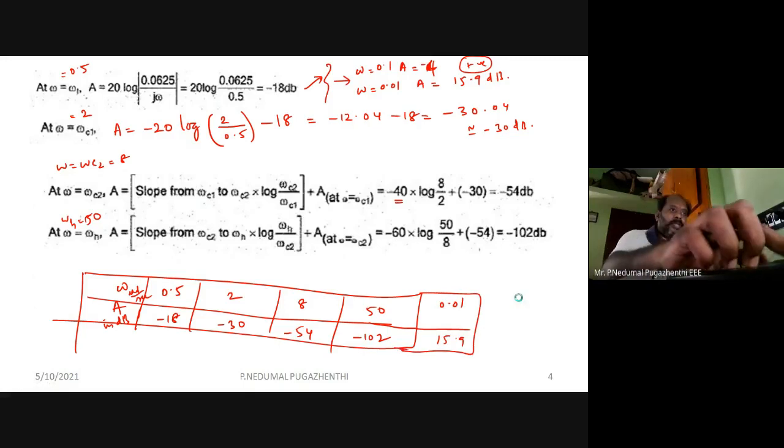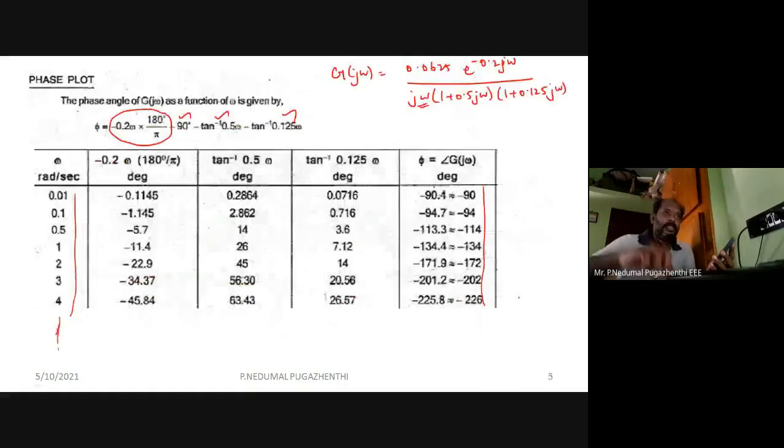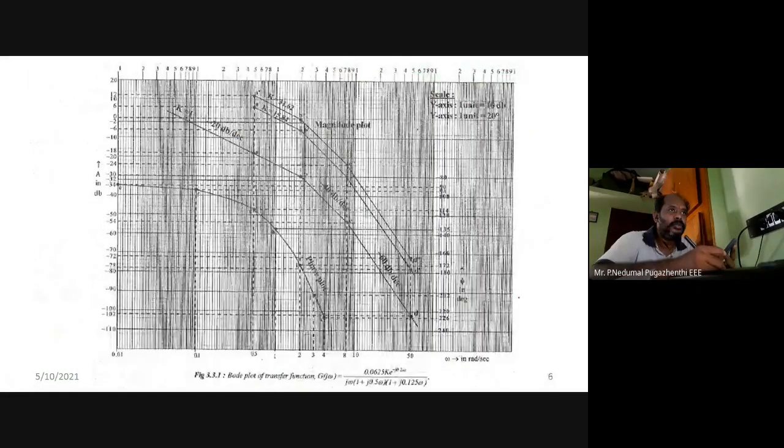Now if I apply that in my values, you can say that if they have chosen from the literature, this is going to be 0.1 and this is going to be 0.01. So it is 15.9 here, nearly 16. If I extend this line, you possibly will be connecting it here. So this is the line for different values of omega.